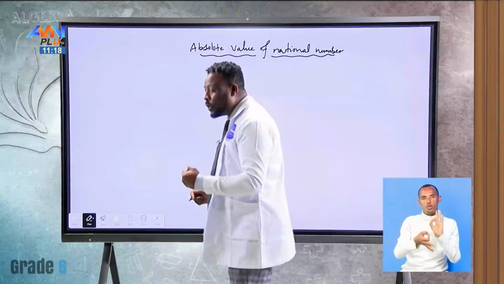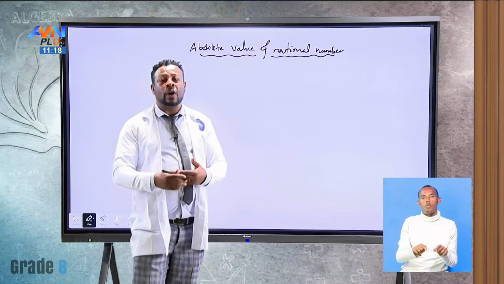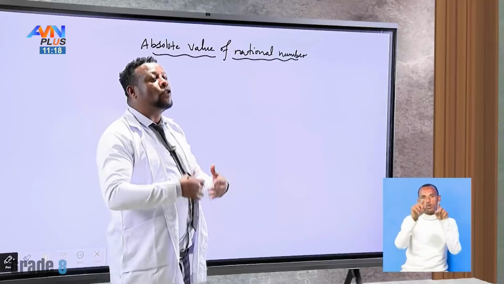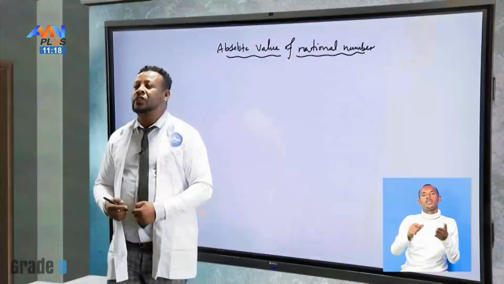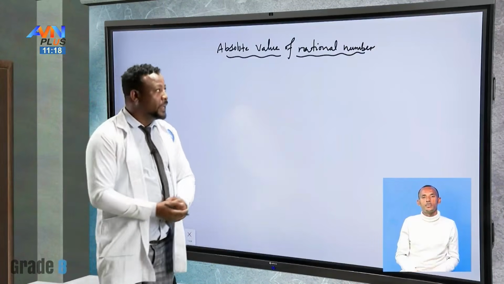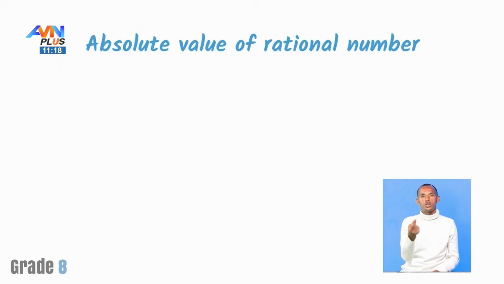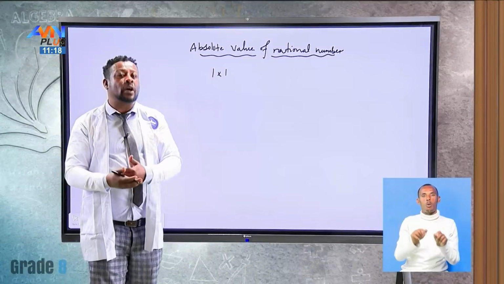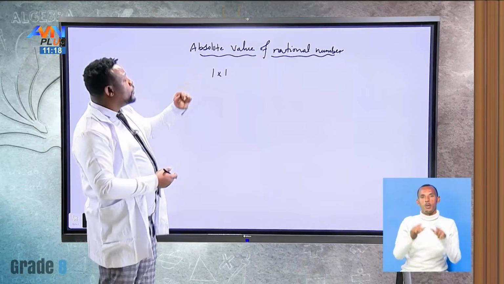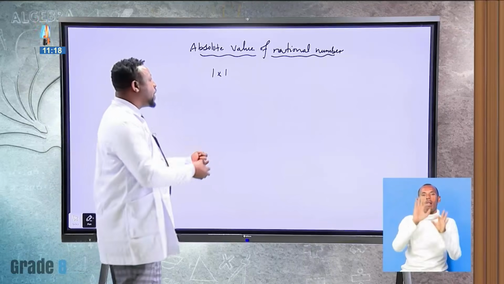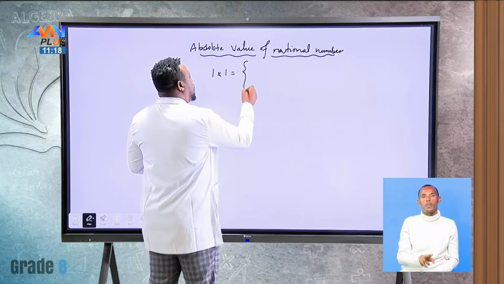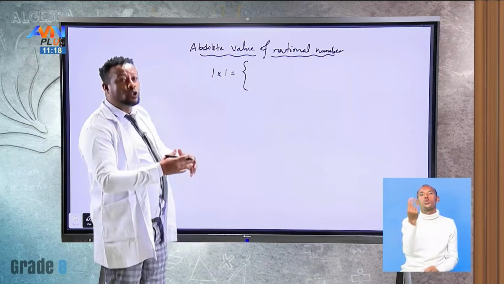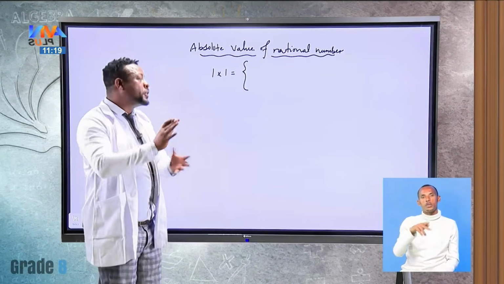So this is the definition of the absolute value of a number, okay? If this is the definition, we can formally write the representation and the notation for an absolute value. Usually we use this symbol to represent an absolute value, right? So an absolute value of a number x is defined in these ways. We can define it using a piecewise representation.